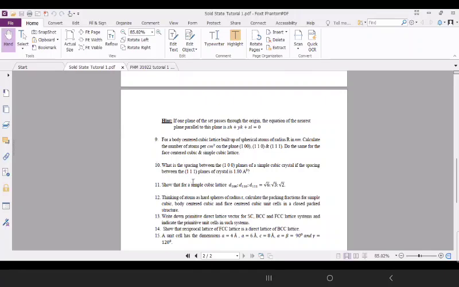What is the spacing between the 100 planes of the simple cubic crystal if the spacing between 111 planes of the crystal is 1.80 angstrom? So they have given you one particular D value for the particular plane, and they are asking for another D value for another plane, but the same crystal.